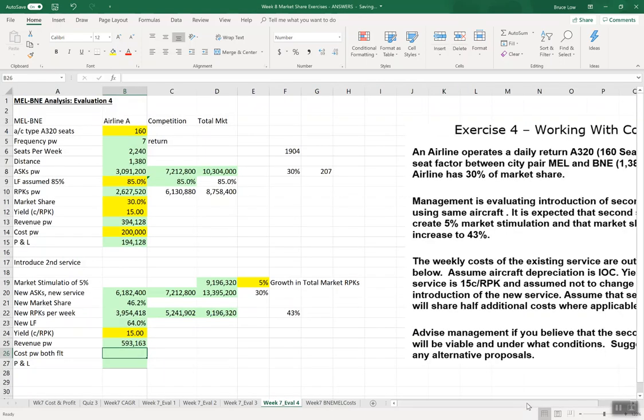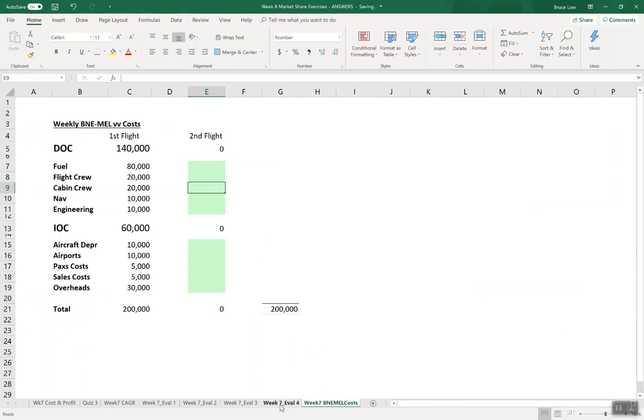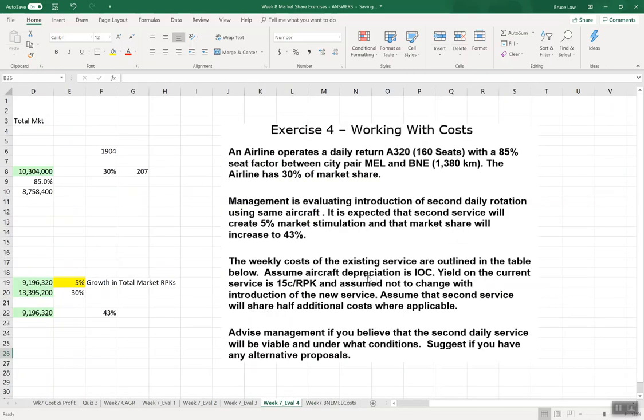So the question says, the weekly costs of the existing service are outlined in this table. Assume aircraft is as given, yield is that, and that's not going to change, which may be given all the new capacity, a 30% growth in capacity. I think you could maybe argue that yield has to come down, but anyway. And then we assume the second service will share half the additional costs where applicable.